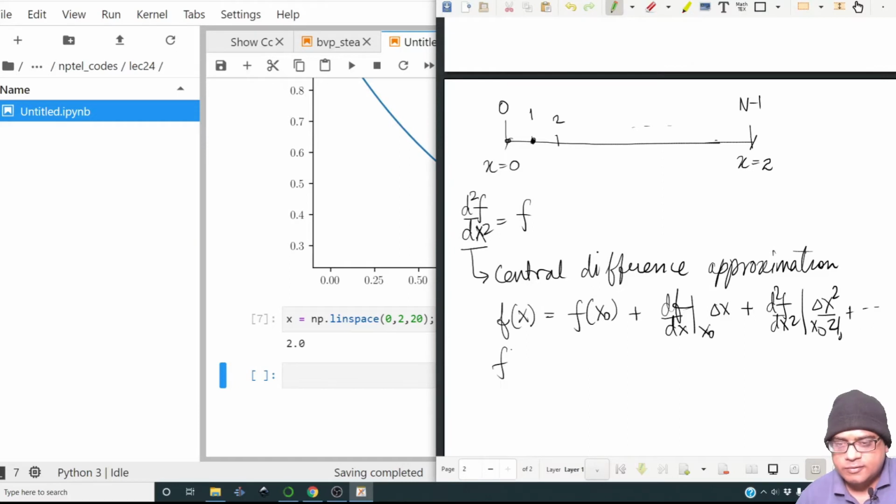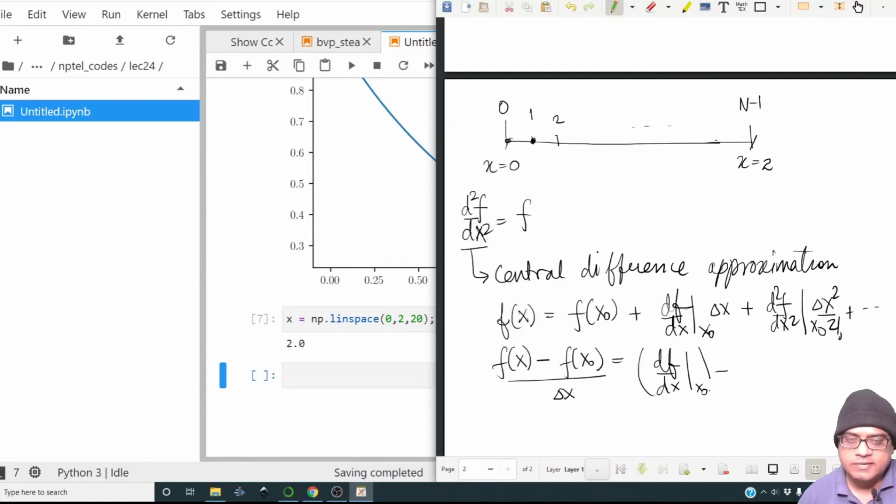So now f of x minus f of x naught divided by delta x gives us a good estimate of what df dx at x naught is going to be.